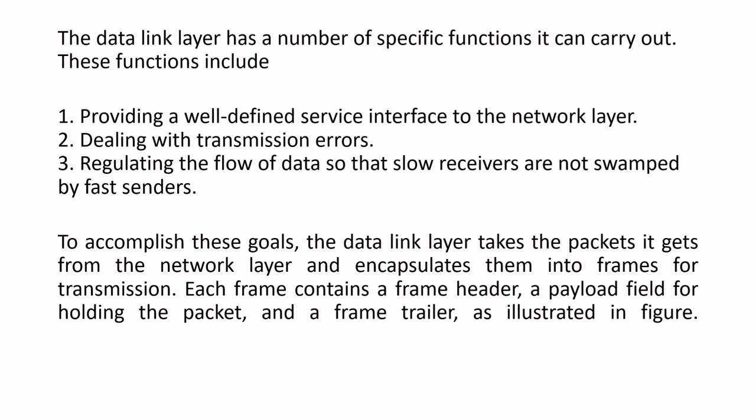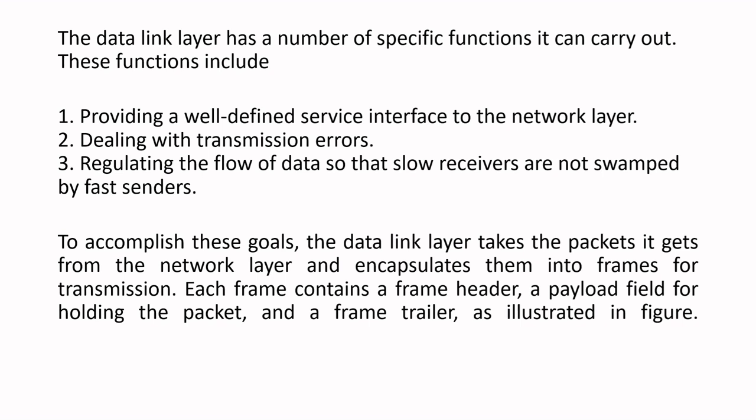Each frame contains a frame header, a payload field for holding the packet, and a frame trailer. What is the use of the payload field? The payload field is used for holding the packet.